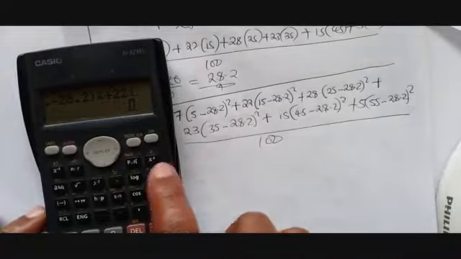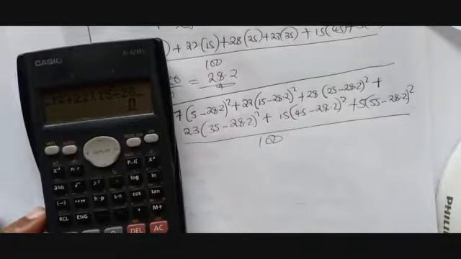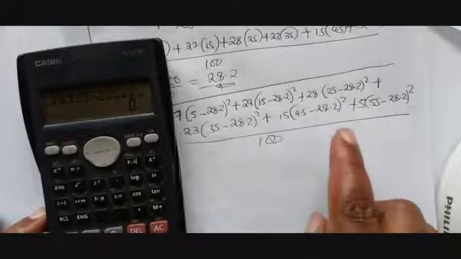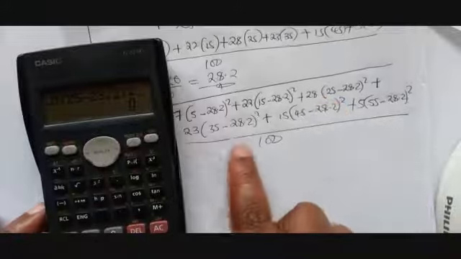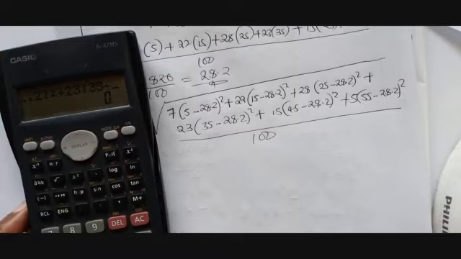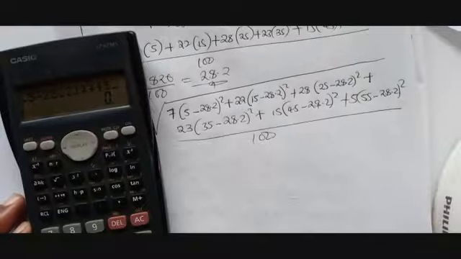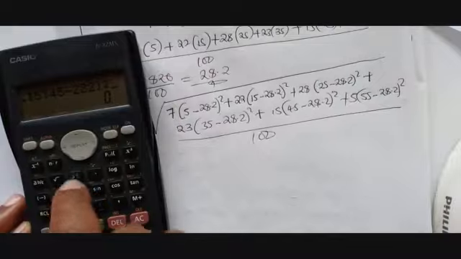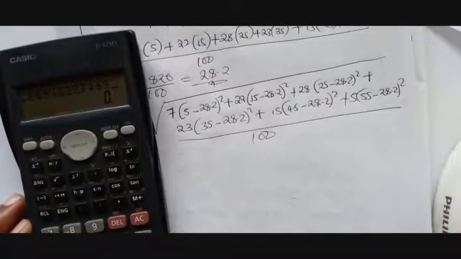Plus 28, open the bracket, you have 25 minus 28.2 squared. All right, we've done 25, then we go to 23. Say plus 23, open the bracket, 35 minus 28.2 squared. All right, plus 15, open the bracket, 45 minus 28.2 squared.